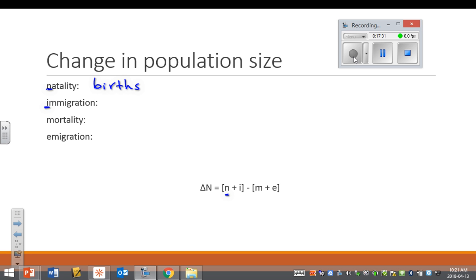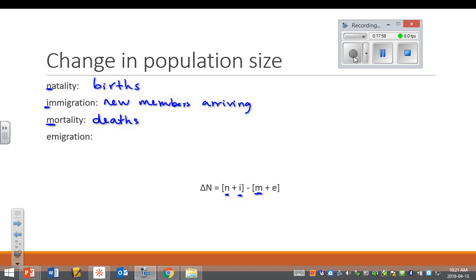Immigration, which starts with an I, and will be the little I down here, represents new members arriving in the population. And we already mentioned this when we talked about migration and how that's something that changes Hardy-Weinberg equilibrium. Mortality is talking about deaths, and it's the little m down here.